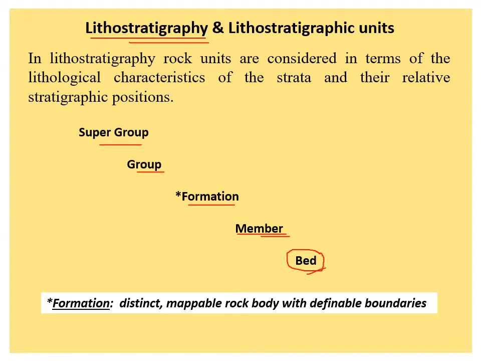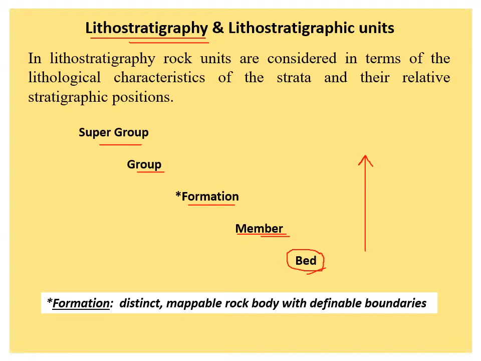So as we move from bed to supergroup, we are moving to successively higher lithological units. In this way, from successively lower to the upper higher level lithostratigraphic units, member, formation, group and supergroup, rocks are divided.